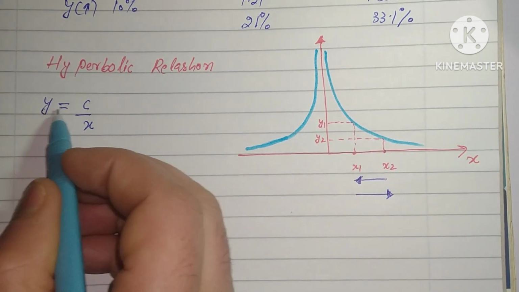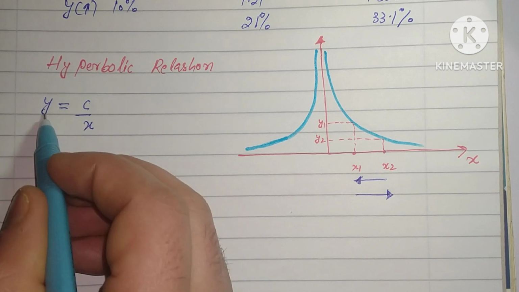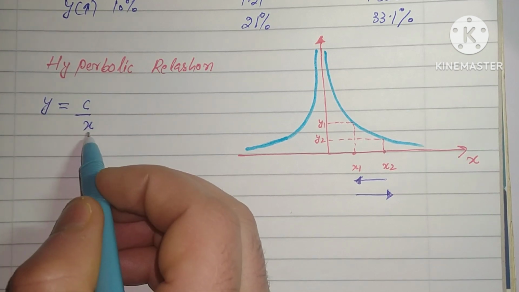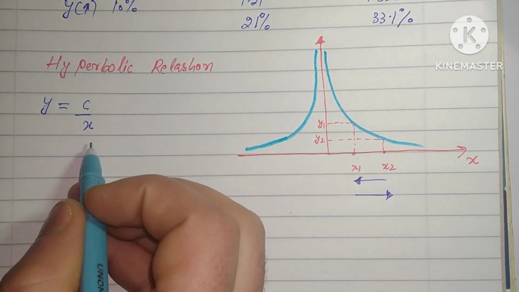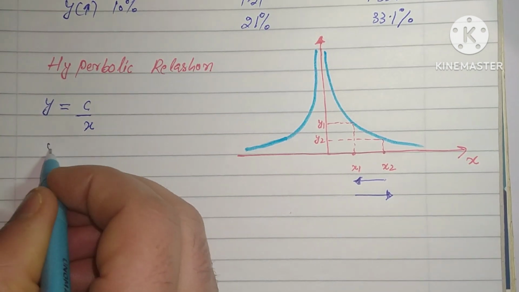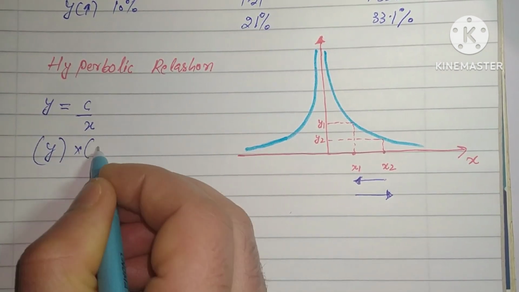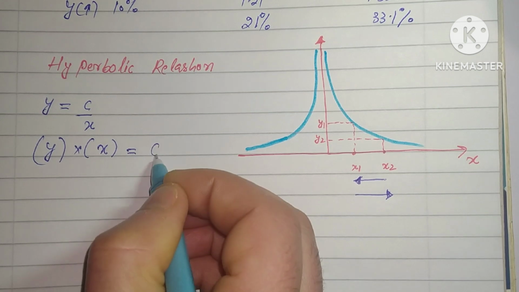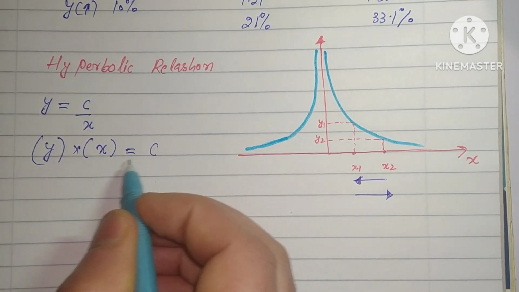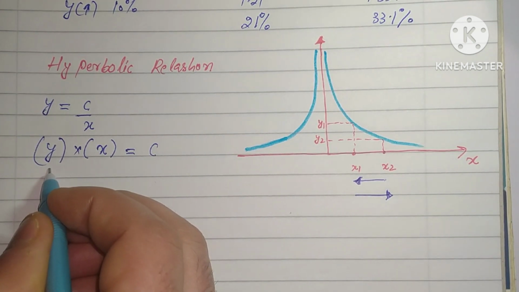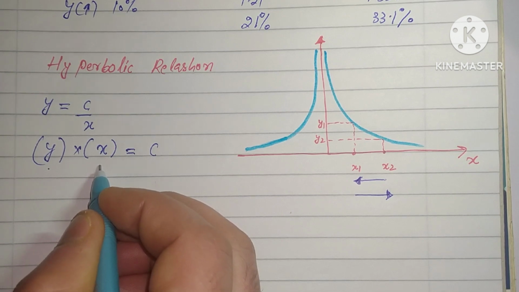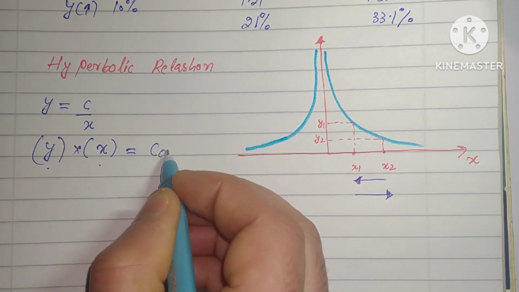Since these are inversely related to each other, if one quantity increases, the other quantity will decrease. In another form, it can be written as y into x is equal to constant. That is, if one quantity increases, then the other quantity has to decrease so that the product remains constant.